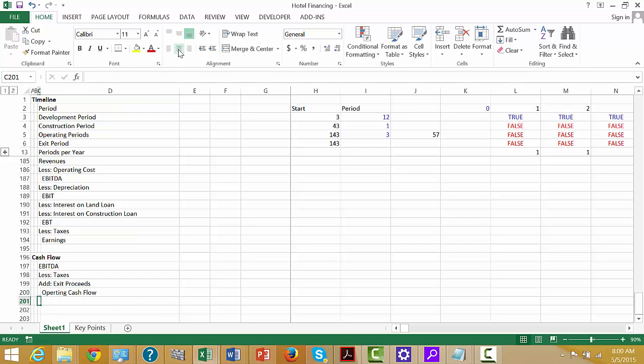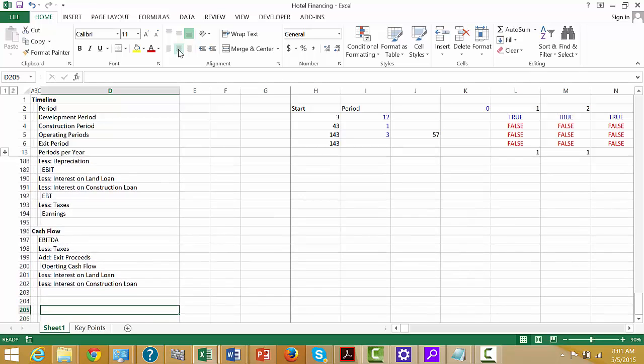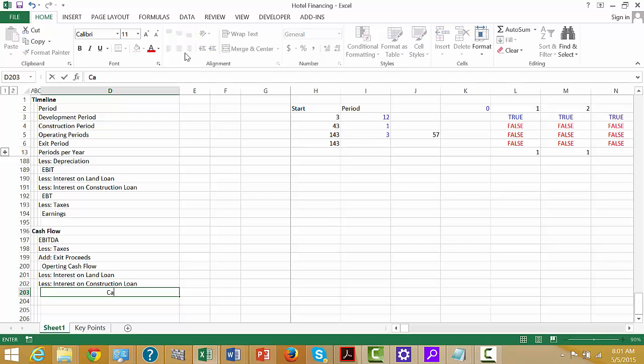Now then we can put less interest on the land loan, less interest on the construction loan. Now it could be that the land loan is senior to the construction loan, and then you would have to make a subtotal potentially, and we can put cash.